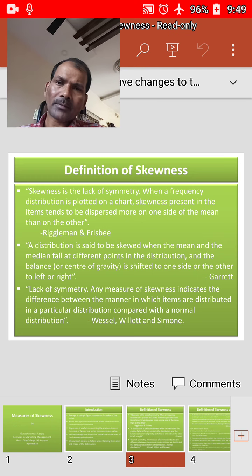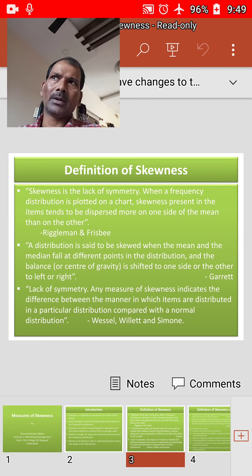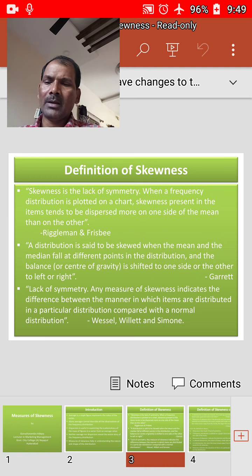It means when you see the bell-shaped curve, median, mode, and mean coincide. Whereas in a skewed distribution, mean is located somewhere else in the graph and the median is located somewhere else. Okay, they fall at different points in the distribution, they are not coinciding. Okay, according to Garrett, right?